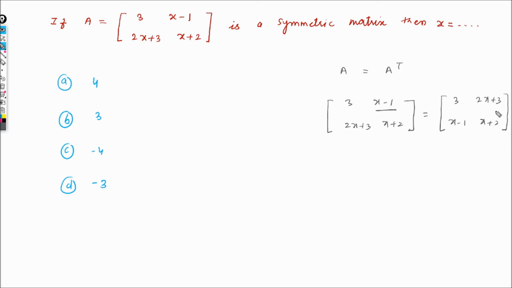If we equate here, x minus 1 is equal to 2x plus 3. So we can write x minus 2x is equal to 3 plus 1, minus x is equal to 4, x is minus 1. This will be our answer.